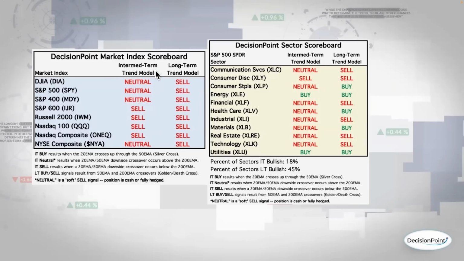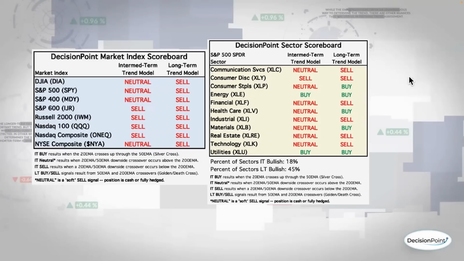Intermediate term trend model, that's where we track 20 and 50-day EMA crossovers, and we have 20-day EMAs all below the 50s. The difference between the neutral and the sell is that the 20 crossed below the 50 while it was beneath the 200-day EMA. Those are sell signals. If it happens above the 200-day EMA, we go into a neutral cash or fully hedged position.